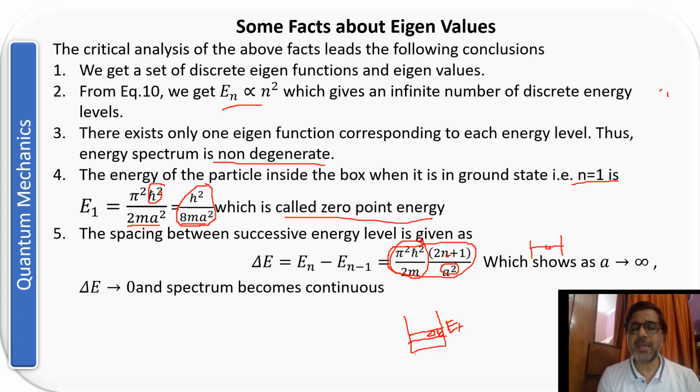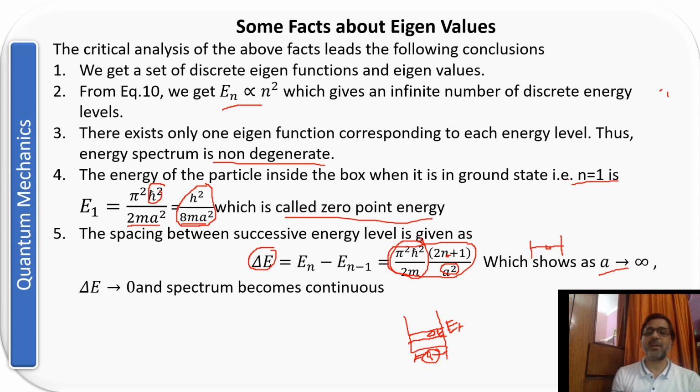a is the width of the potential box. This width can be smaller or larger. But now try to understand this: if this width increases and slowly goes towards infinity, naturally the value of delta E is going to decrease. If it becomes infinitely long, delta E becomes so small that the energy becomes a continuous value.